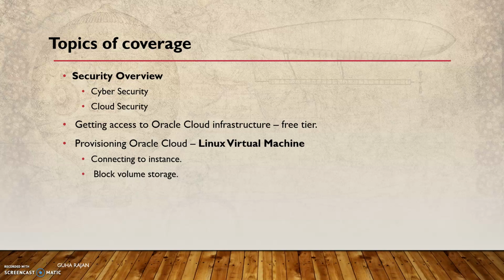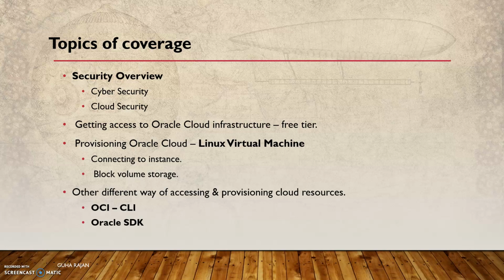So it's an overview of how block volumes can be used and what a block volume is all about. And then apart from the secure shell, that is PuTTY, what are the other options to access the cloud resource? I'll be discussing the command line interface, the CLI, then the Oracle Software Development Kit. The command line is just like Unix or Linux commands.